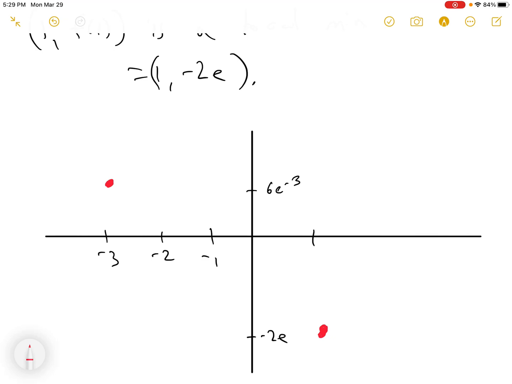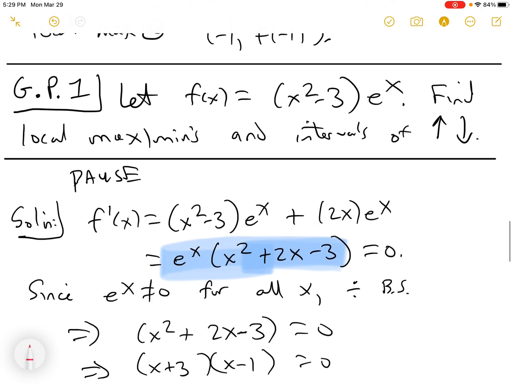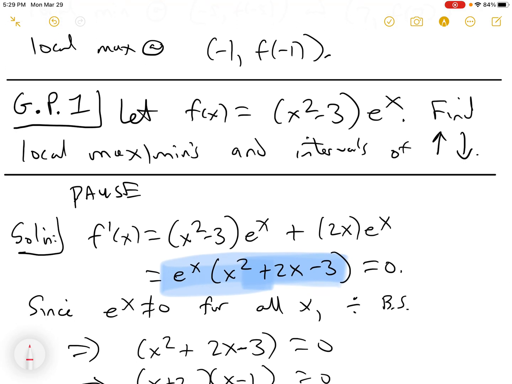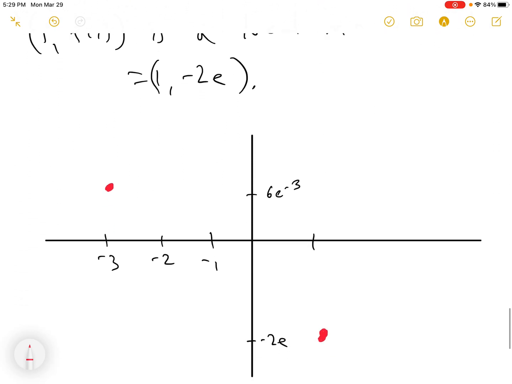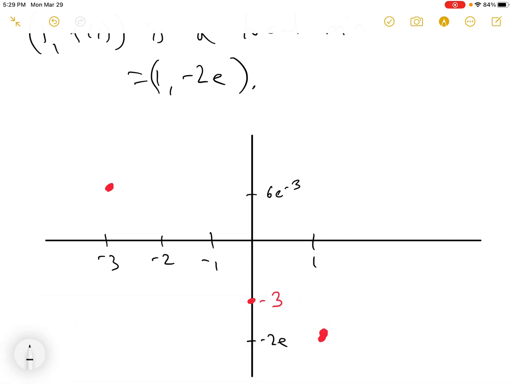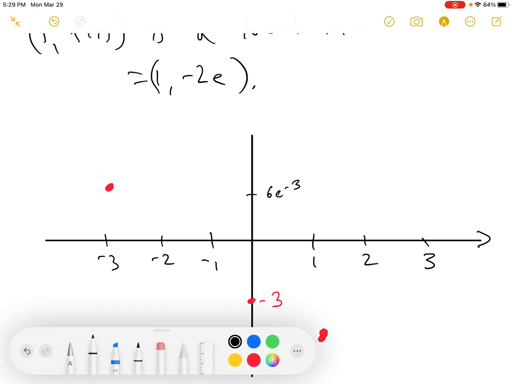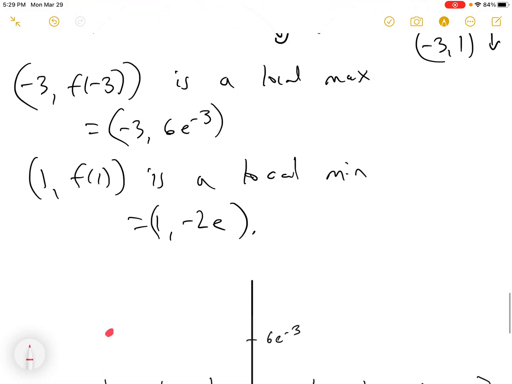Okay. Do we know anything else about this function? Where's the y-intercept? The y-intercept is at -3. Hold on, I didn't label this very well. There's 1, 2, 3. All right, the y-intercept, and we've got a couple of zeros at, where? Plus or minus √3.